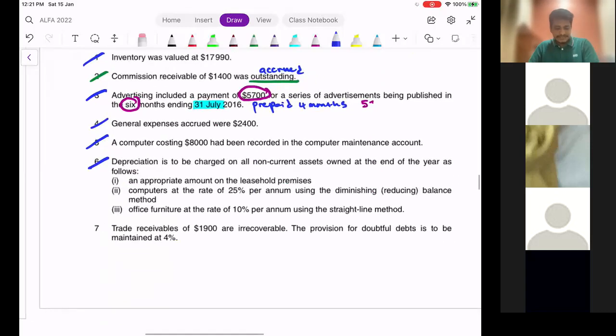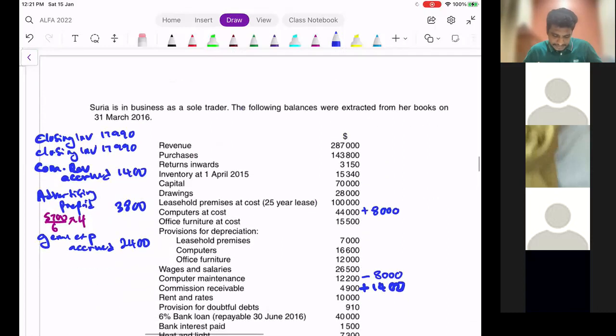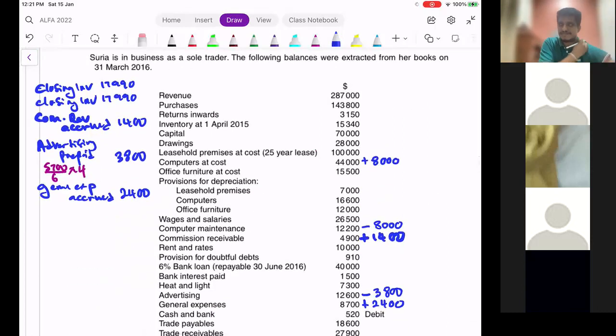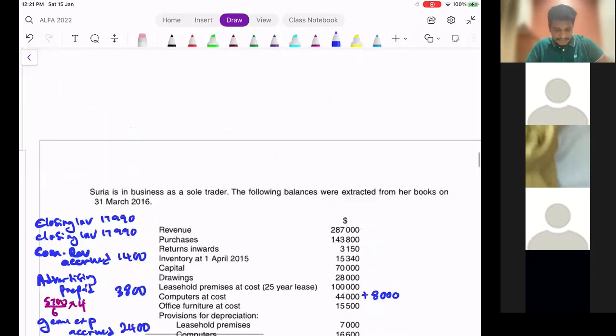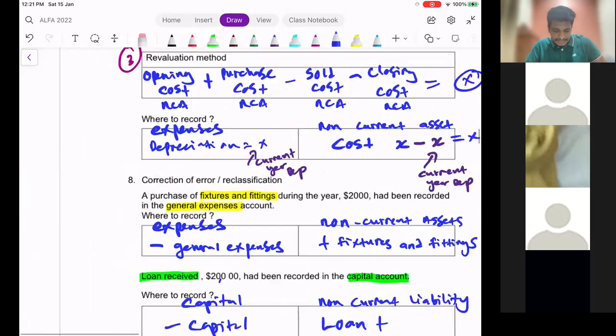Next one is depreciation. Depreciation to be charged on all the non-current assets owned at the end of the year, an appropriate amount on the leasehold premises. Okay, leasehold premises, it's actually what we call the straight line method.